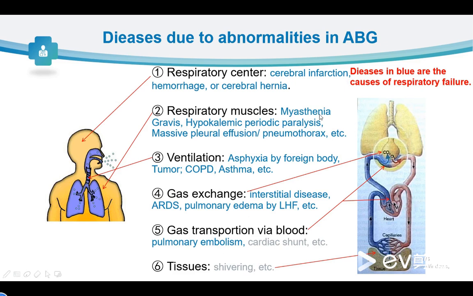Here please notice that the diseases in blue are the causes of the respiratory failure, and the diseases in gray are the differential diagnosis for the respiratory failure. And that's the diseases due to the abnormalities in the arterial blood gas analysis. I hope that you can try to do the summary by yourself for other causes of the respiratory failure, and you can remember them easily.